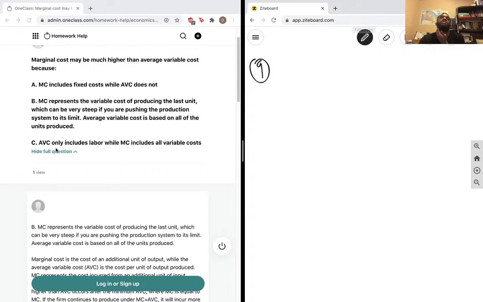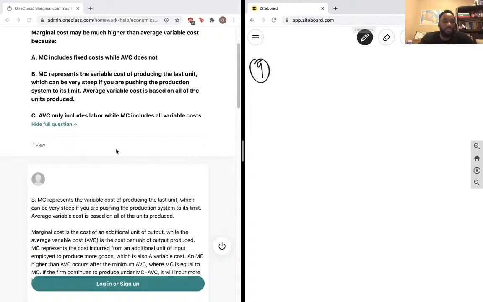Average variable cost has to include all the variable costs in production, and labor might not be the only variable cost. So we already know C is wrong. Now let's look at A and B.